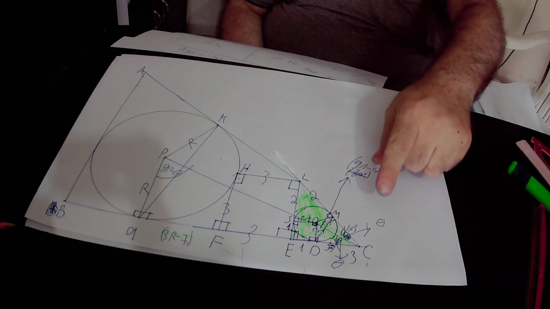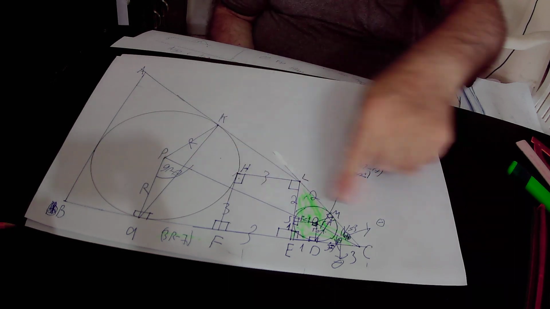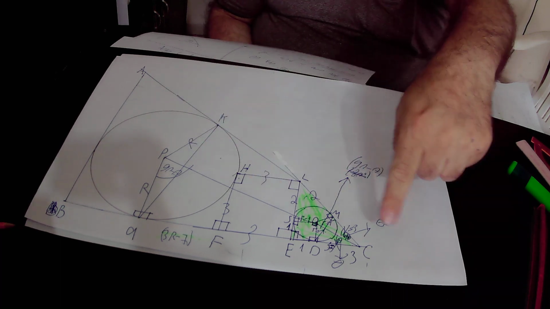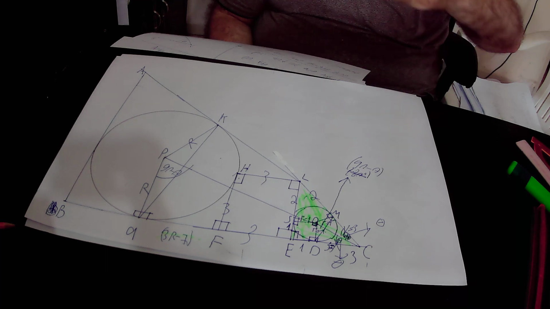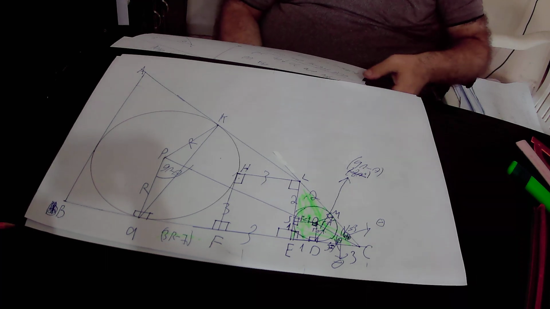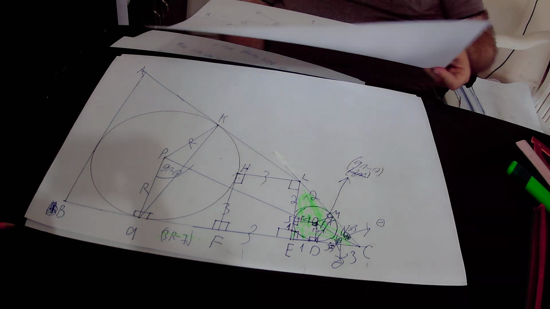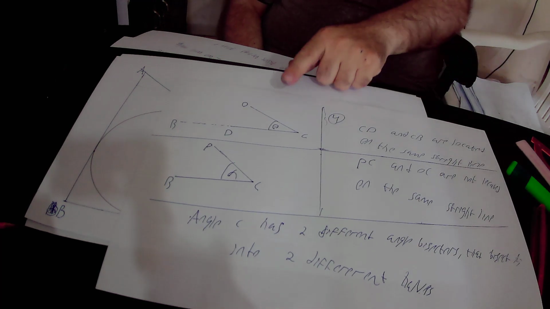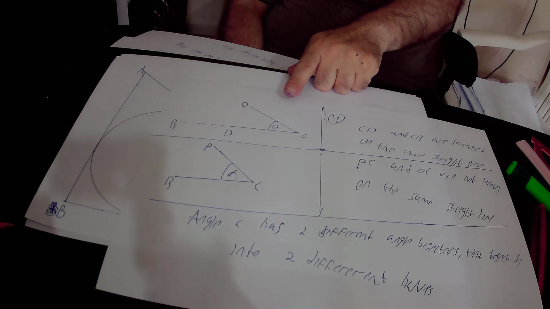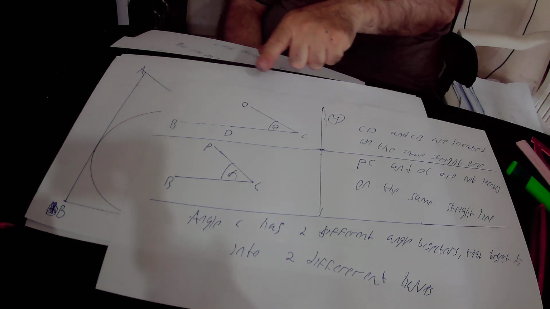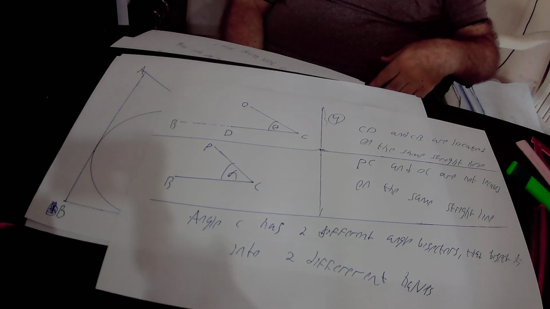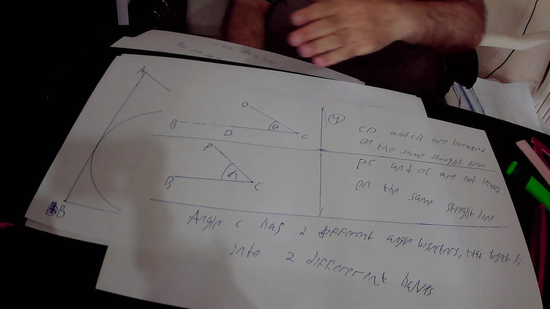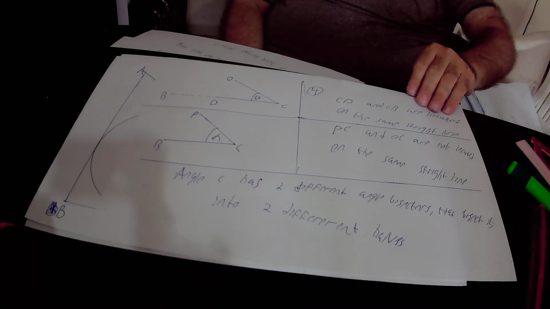Why? Because CD is part of BC. If CD is part of BC, it means that CD and BC must lie on the same straight line.